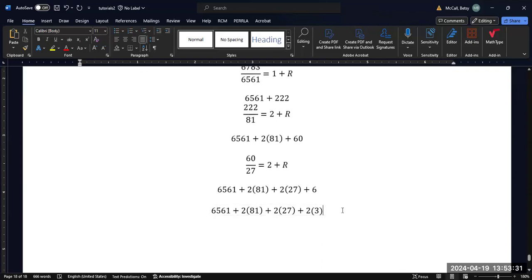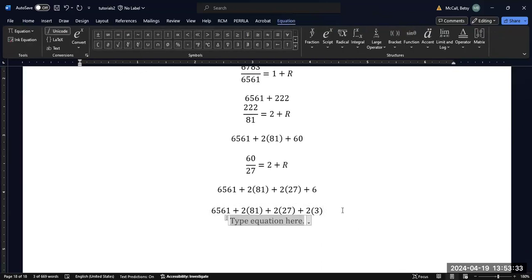Now, if I want to convert this to base 3, remember that this is 3 to the 8th. So this is 1 times 3 to the 8th, and then 2 times 3 to the 4th plus 2 times 3 cubed plus 2 times 3 to the 1.